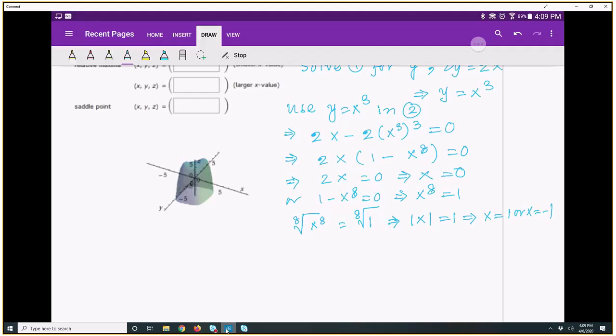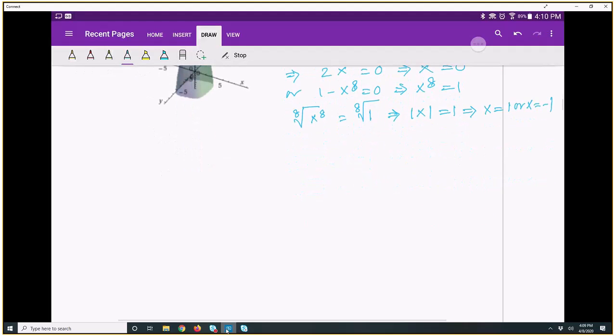So in this problem, I have a bunch of different critical points. So I'm going to write them as critical points and use the work we have produced so far. X I found to be 0. Then remember, y was x cubed. So this is going to be 0 to the power 3 and hence 0. So one of these critical points is 0, 0.